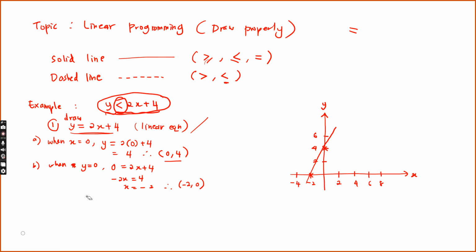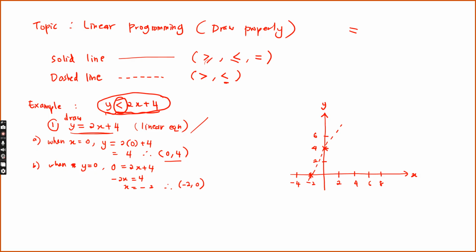So when you draw with your ruler, just draw it straight away with a dash line, like that. Let's imagine it is a straight line. Now you draw a dash line like this.